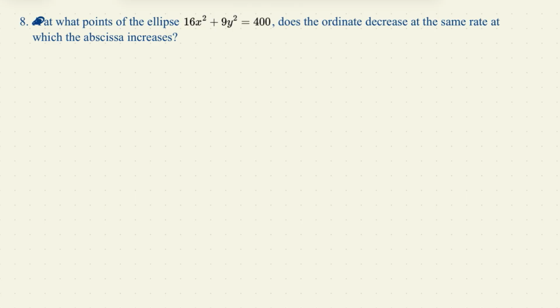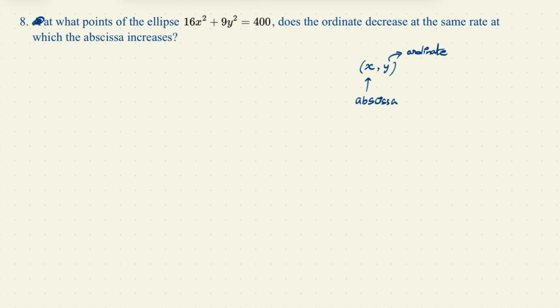So in coordinate geometry, we know the first element is known as abscissa, and the second element is known as ordinate. So the question is saying that the ordinate decreases.